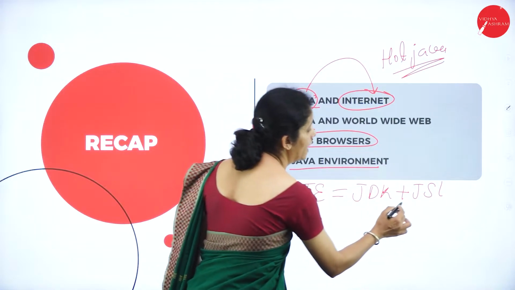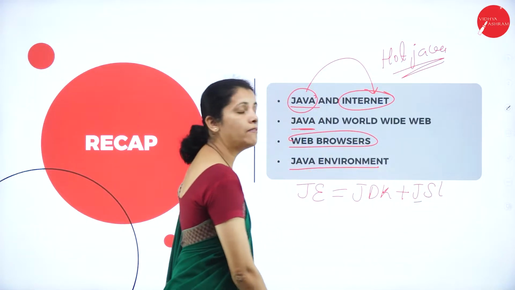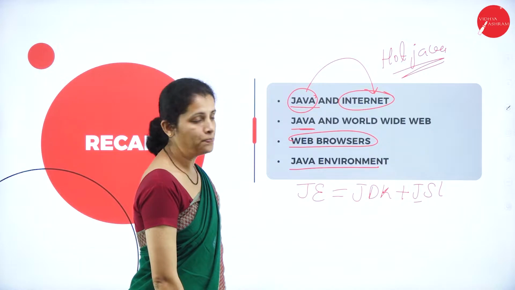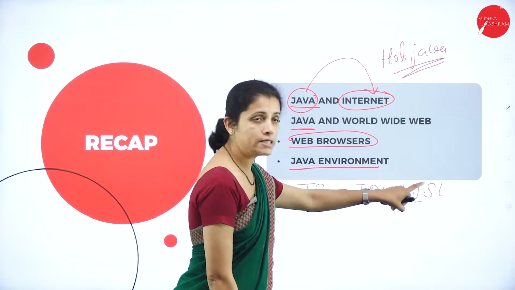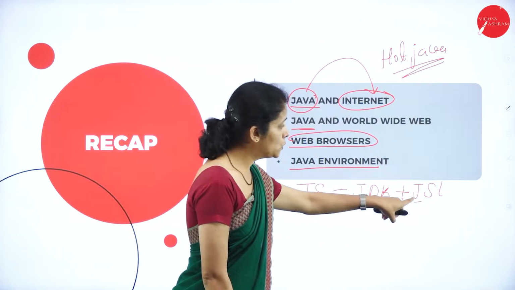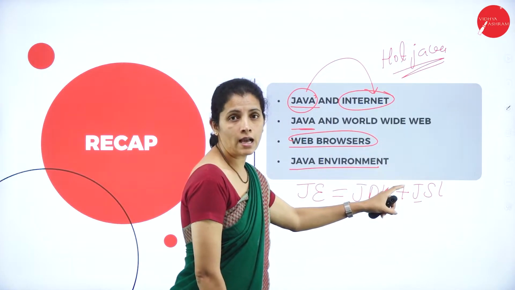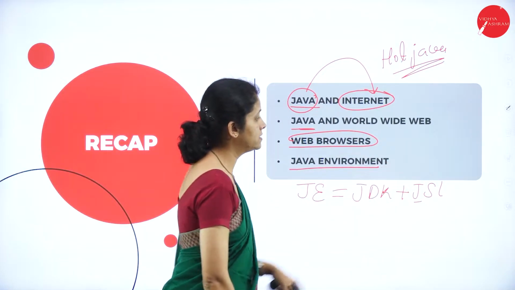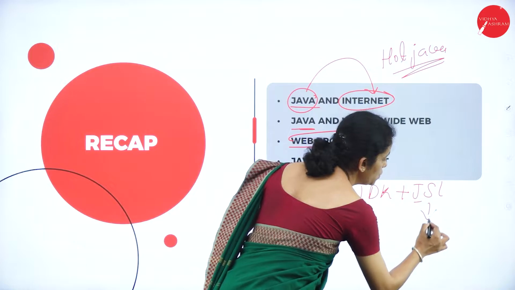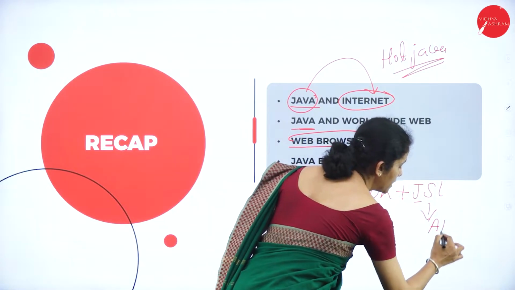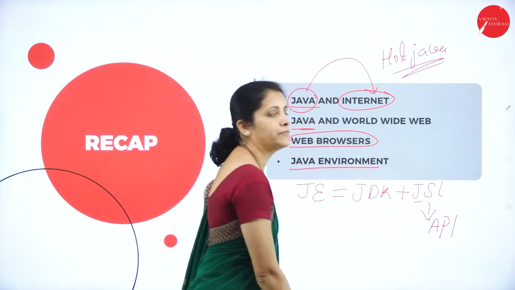Along with that, I have the Java Standard Library. This Java Standard Library includes thousands of classes as well as methods. And it's also known as the application program interface.